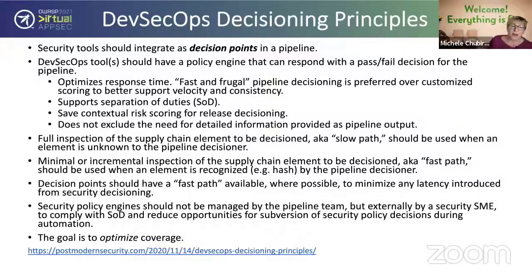When deploying things as part of a pipeline, you need to have decisioning criteria that is very clear. It's based on defect principles or SLAs, so that people understand when is slow path happening, when is fast path, when will my build get broken, when will it get passed.